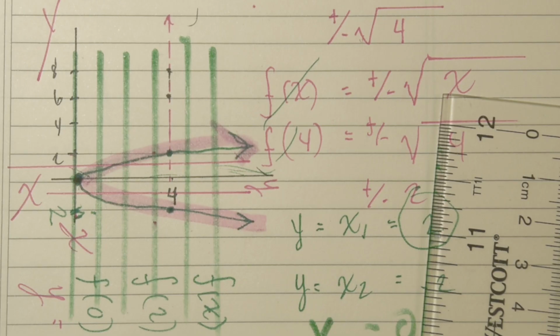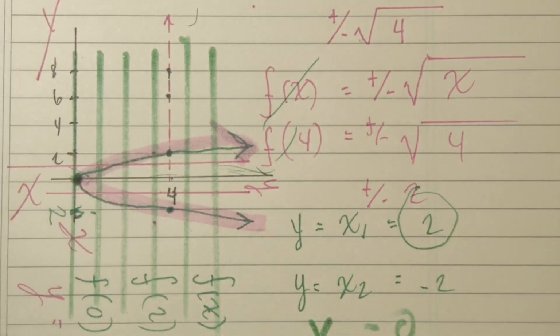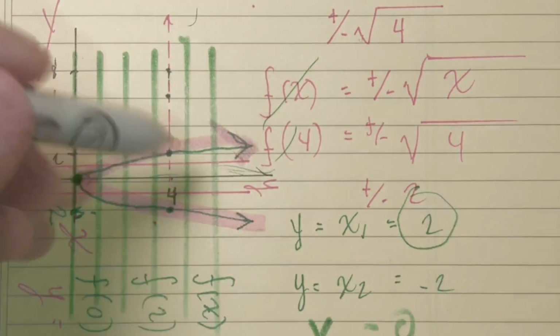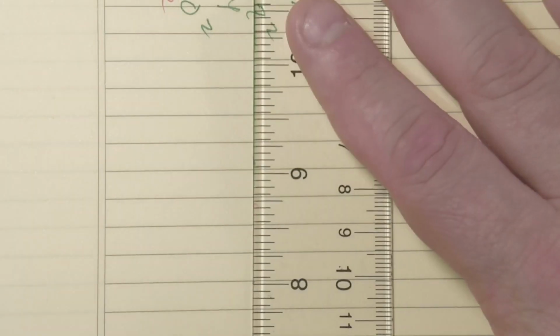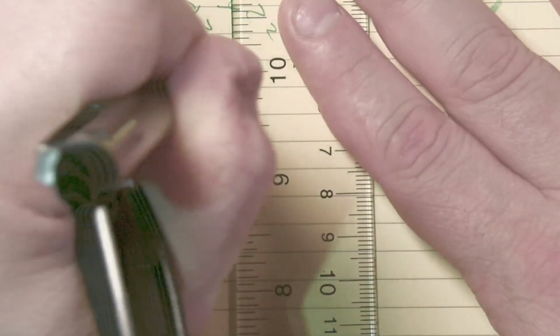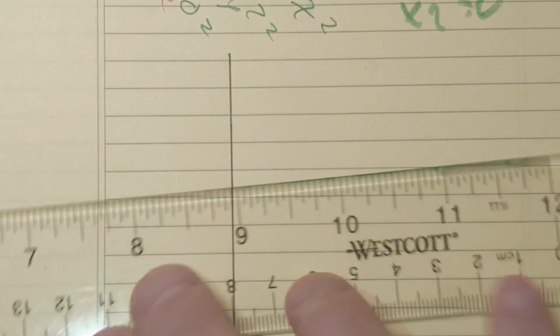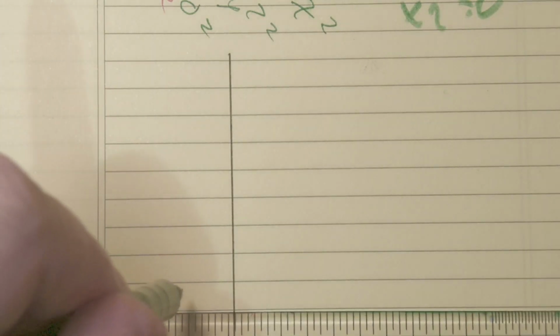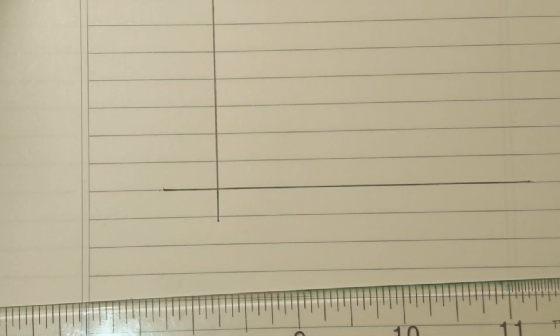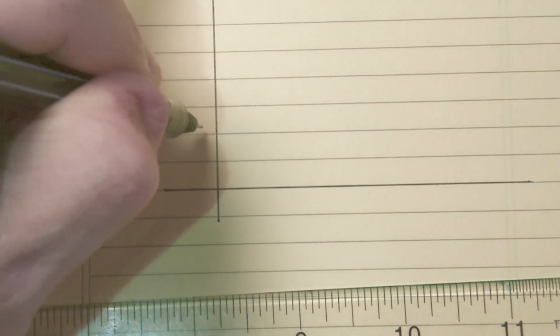But let's just say that I did, and that instead of plotting what I just plotted, I plotted this. The only positive solution I had was 2. Okay, the square root of 4 is 2 if we're only considering the positive.